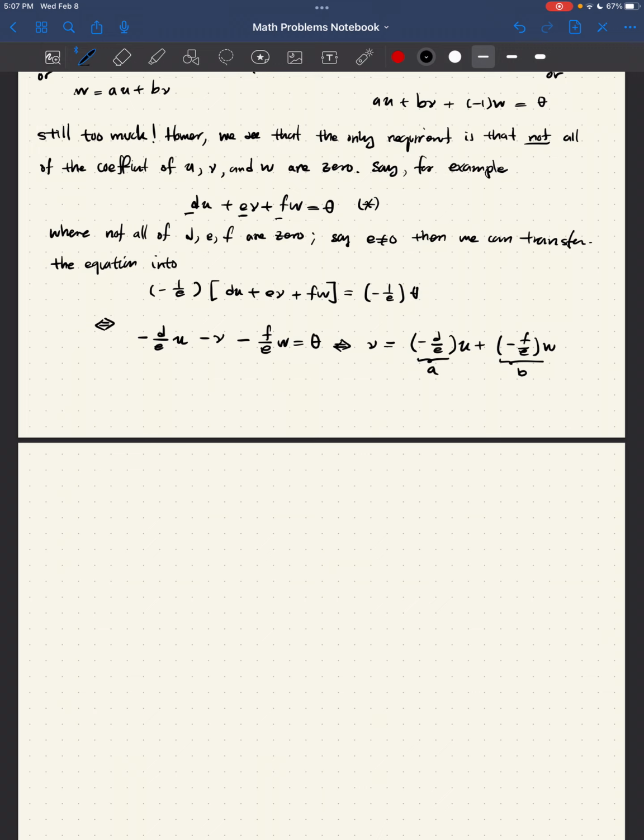It doesn't matter for which one, as long as it happens for at least one of them, right? But this particular case shows that v is a linear combination of the other two, right?